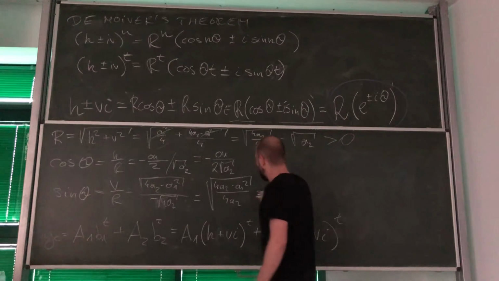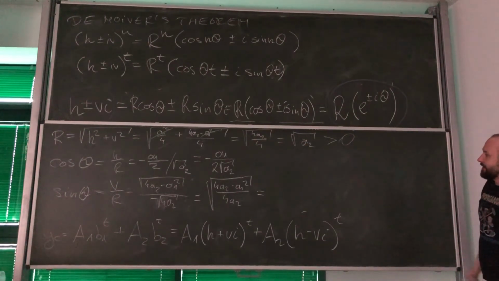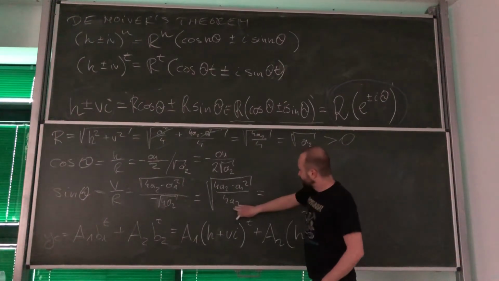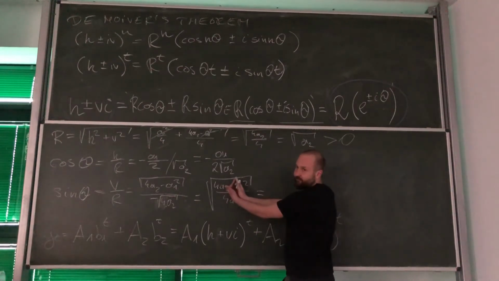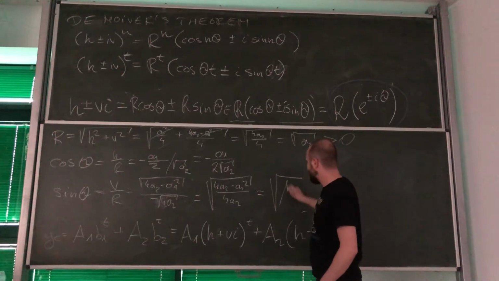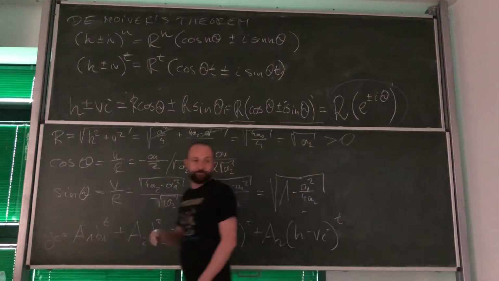And look, we get, again, if we divide this fraction into two separate fractions, that this is square root of 1 minus a1 squared over 4a2.